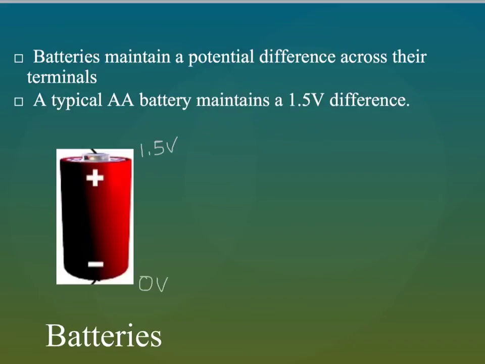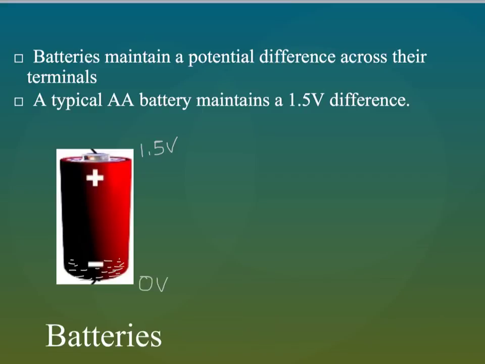So let's take a little look at this. Here I've got one battery, and a typical AA battery has a 1.5 volt difference. Batteries use chemicals to maintain the same potential difference across these terminals. So what's happening inside the battery is there's a chemical reaction that causes all the electrons to move down to this side.